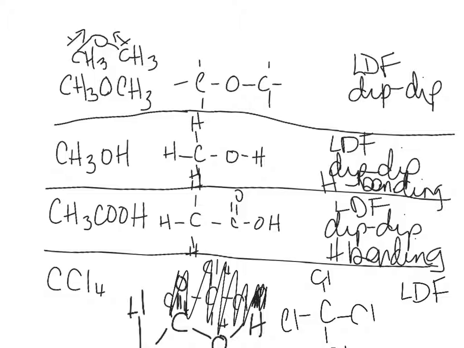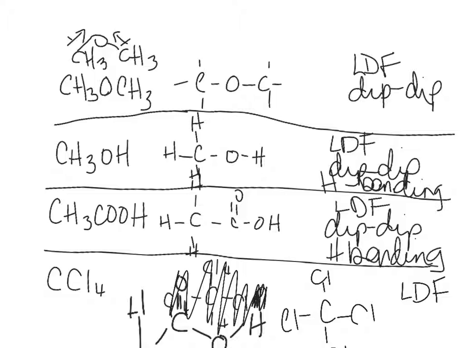So, top one, it doesn't form hydrogen bonds. Can it receive hydrogen bonds? Yes, because it has lone pairs of electrons on oxygen. So there's a chance that it could accept hydrogen bonds, so it would be your moderate. Okay?